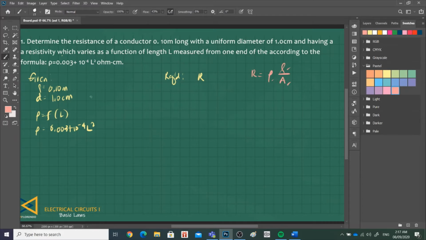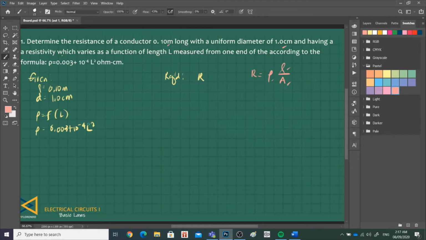Okay? Since stated na dito na yung ating length and diameter, ito yung mga constant or fixed na. So, sila yung gagamitin natin as mga constant sa ating equation na madiderive.